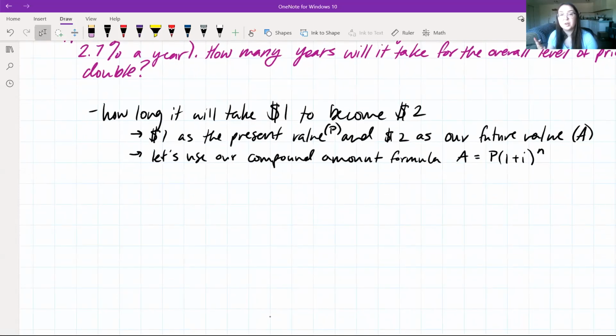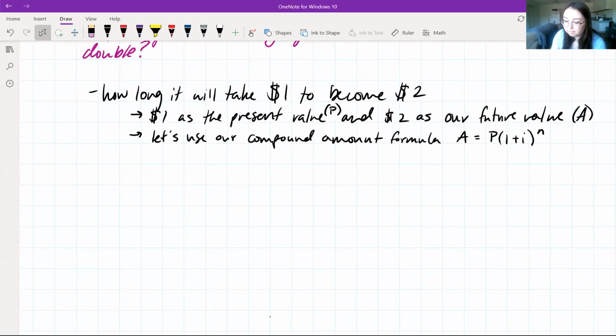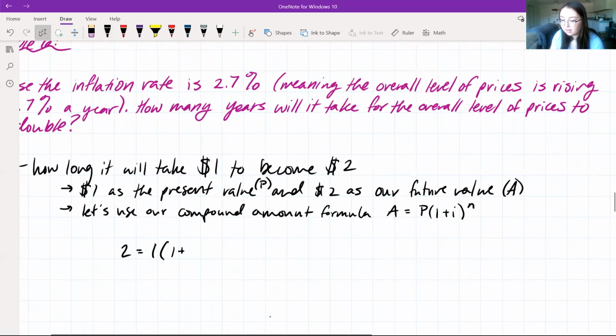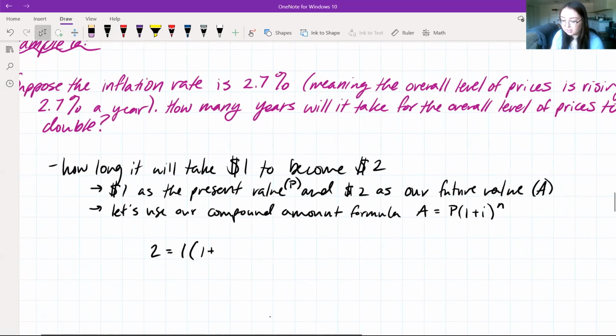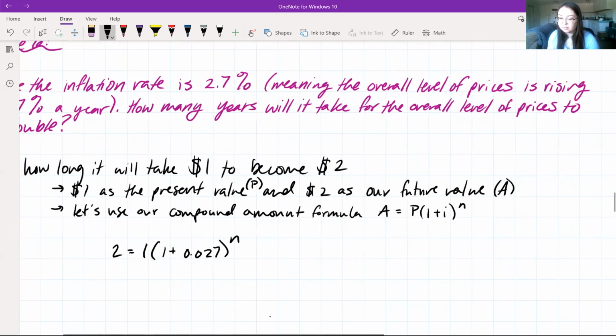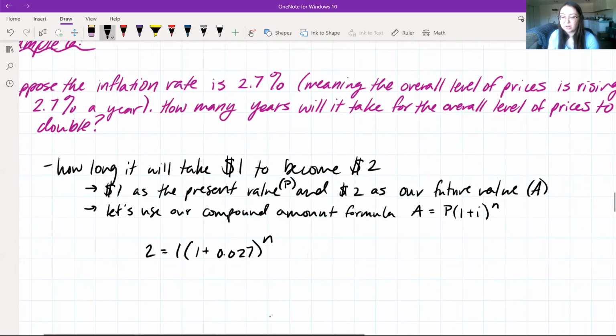All right, so now since we're using 1 as our present value and 2 as our future value, we can plug these values in. So we end up getting 2 is equal to 1 times (1 plus I, which is 2.7%, so 0.027) to the n power, since we're trying to find how many years it will take for the overall level of prices to double.